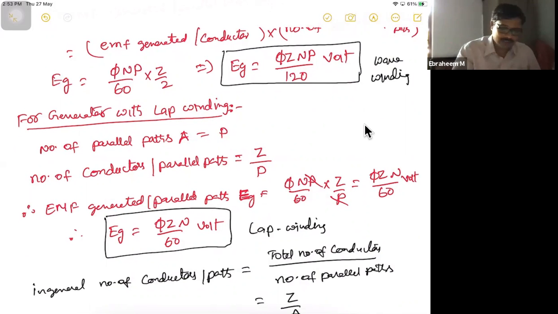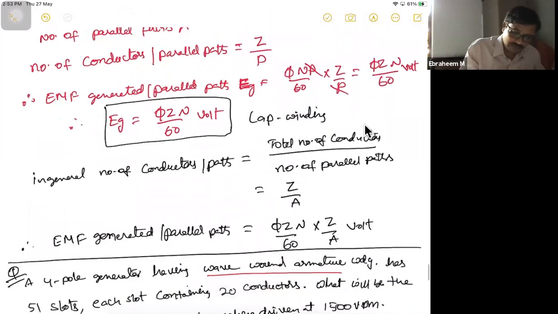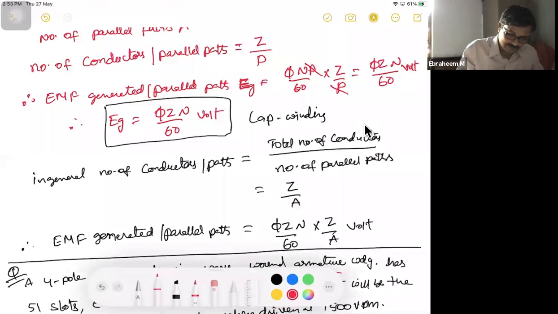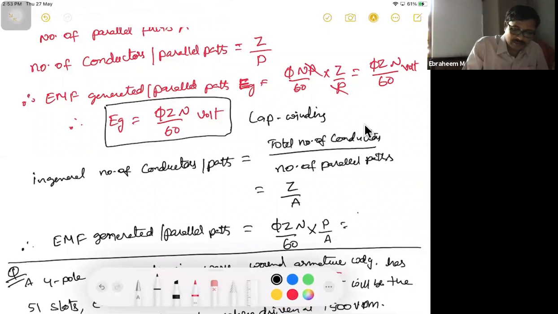In general we can modify this to phi Z N into P by A. So in general it is phi Z N P by 60A volts.